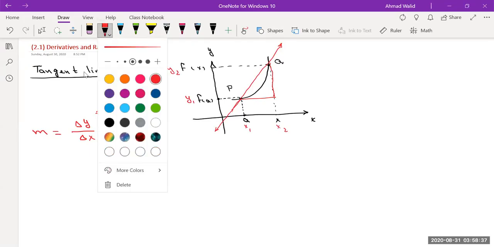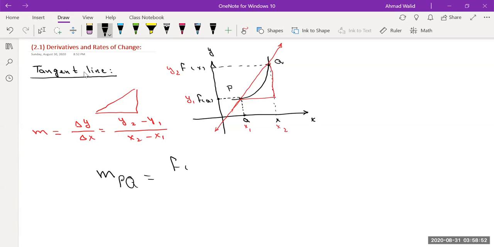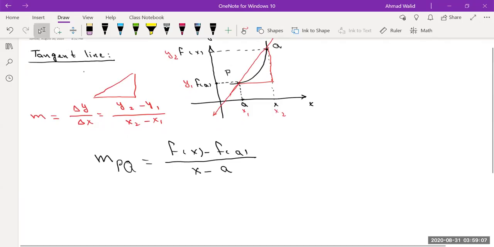Now, if I want to write the formula for the slope of the secant line, if I name it MPQ, MPQ equals y2 minus y1, which means f of x minus f of a, over x2 minus x1, which is x minus a. This formula is the slope of the secant line.